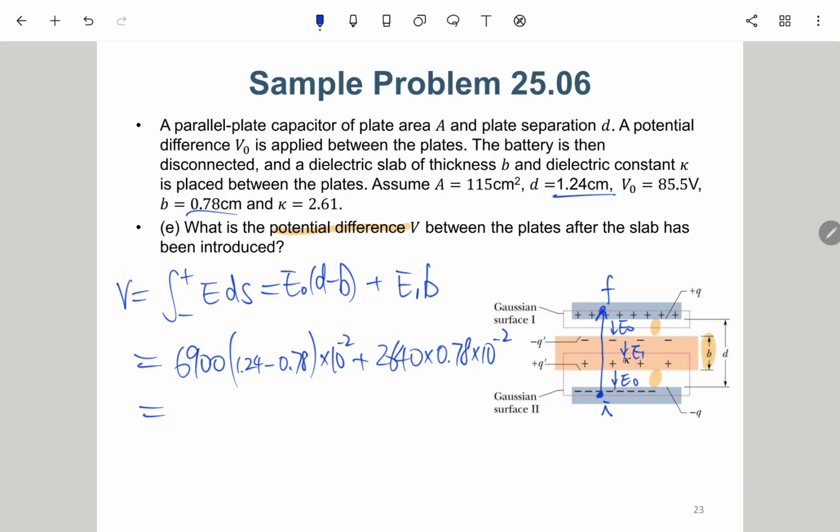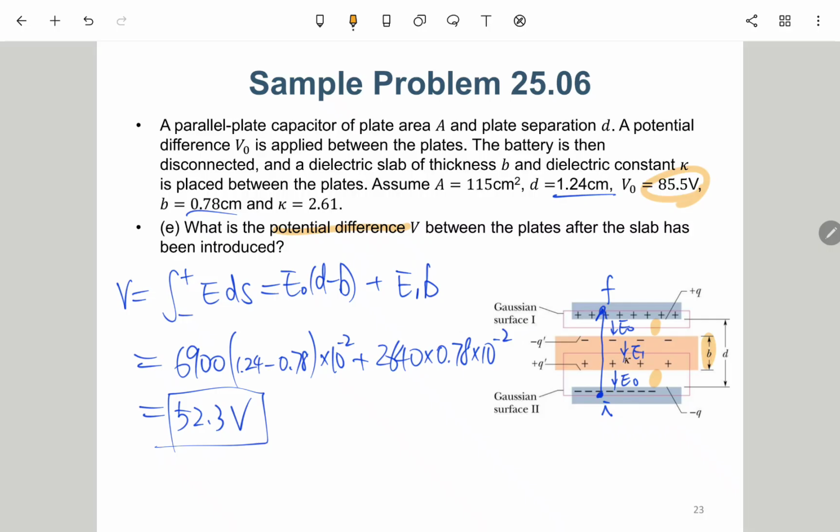So it turns out to be 52.3 volt. Originally V is 85.5. After inserting the slab, V is 52.3.